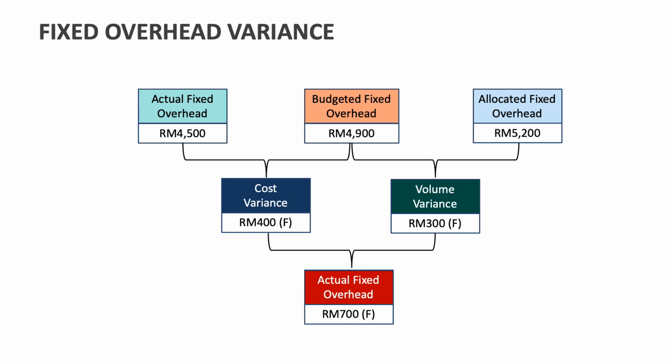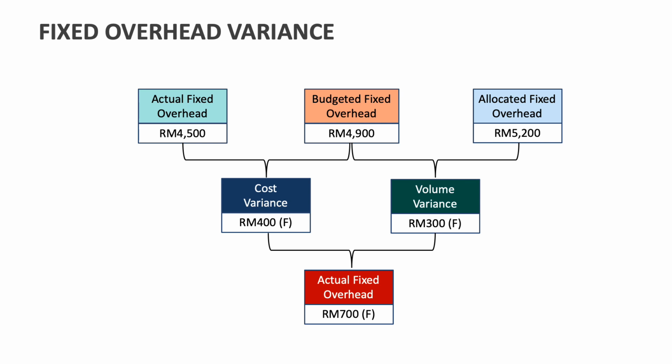So in this case, if actual cost is lesser than your budgeted fixed overhead, in our case 400, we say that it is favorable. But in the second part, which is volume variance, you have 4,900 and 5,200, the difference is 300 in terms of the fixed overhead allocated higher than the budgeted fixed overhead, then you have favorable as well.